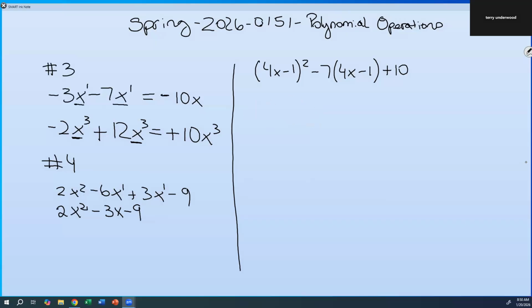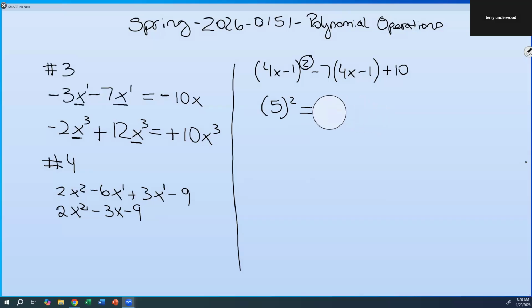Because that is the same thing as saying 5 squared. How do you expand 5 squared? 5 times 5, because the exponent is telling you how many times you have to multiply by itself whatever terms you have inside of the parentheses.